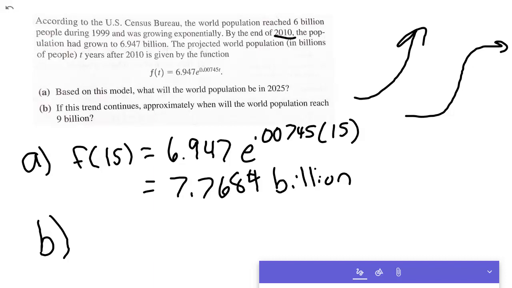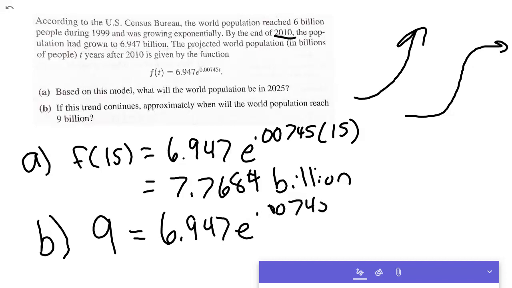perspective. So then part B says, if this trend continues, approximately when will the world population reach 9 billion? So in other words, we just do the exact same thing, but we stick a 9 there. So 6.947 e to the 0.00745 x, or t, whatever you want to do.